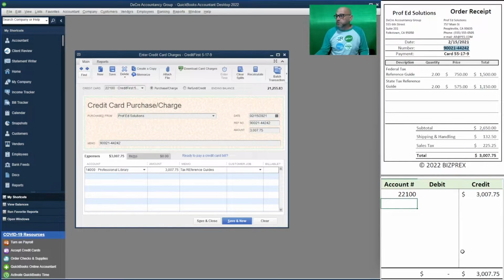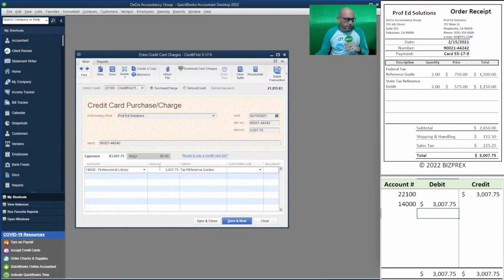Well, we purchased some guides that probably will serve us more than a year. And by the amount of how much it costs, that probably should go towards our professional library, and we set the account up. So again, professional library is an asset. We will depreciate it. Assets go up when debited.